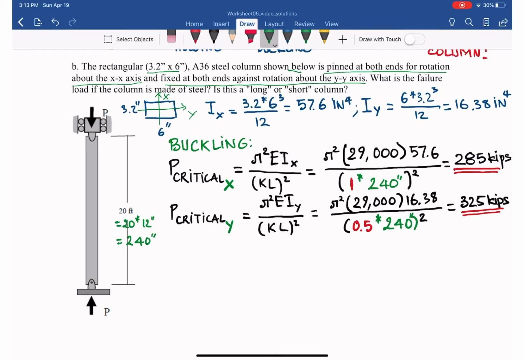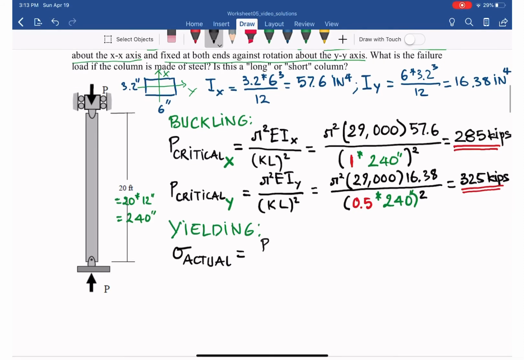So we check for yielding. Sigma actual: if the 285 kip load for buckling happens, what would be the normal stress in this column? It is P over A, and it fails about x.